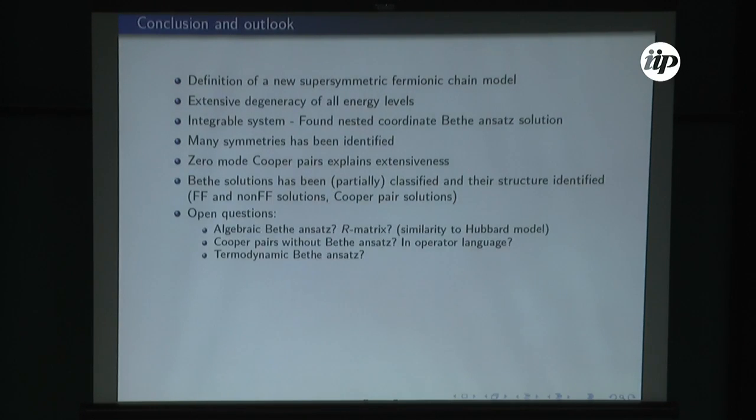And there are some open questions left. We did coordinate Bethe ansatz. We don't have an R matrix. It would be nice to find the R matrix for this model and do algebraic Bethe ansatz. And this is where the question arises that ideally you would like to do Bethe ansatz in some conserved degrees of freedom.